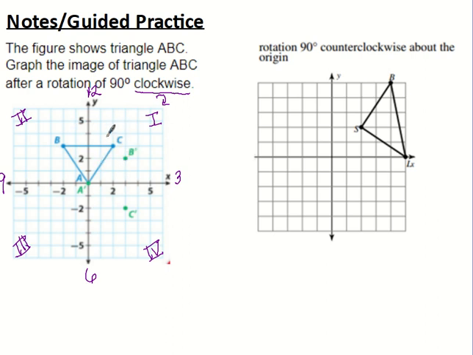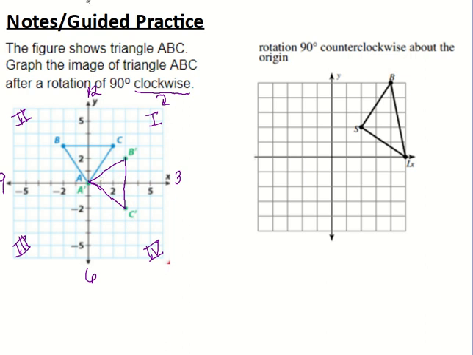Same with C, it's in quadrant 1, and if we rotate it clockwise, it ends up in quadrant 4. Now, A and A prime do not move because the center of rotation is the origin. Since A is the origin, it's not going to move. That's like the core of our Earth. It doesn't move. We rotate around it.